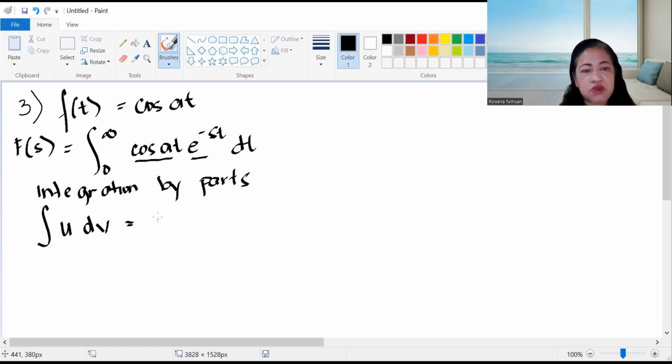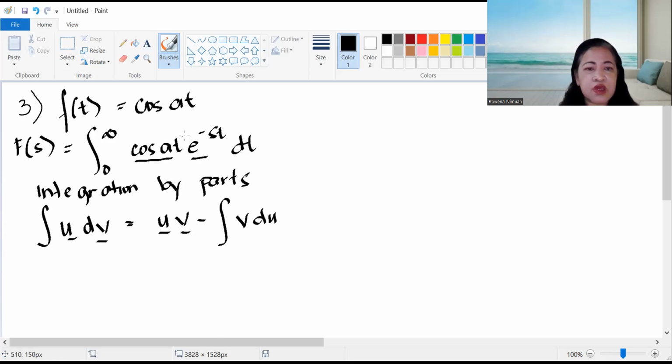That is equal to u times v minus the integral of v du. So here we have to assign values for u and dv.